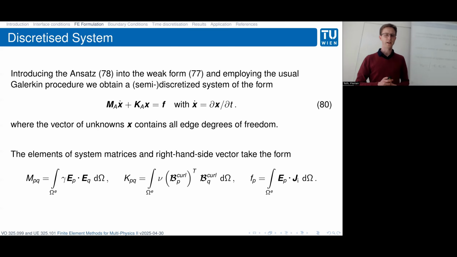So again, the mass matrix has mass type ansatz functions without any derivatives, and the stiffness matrix has differential operators involving spatial derivatives, being the curl operators.